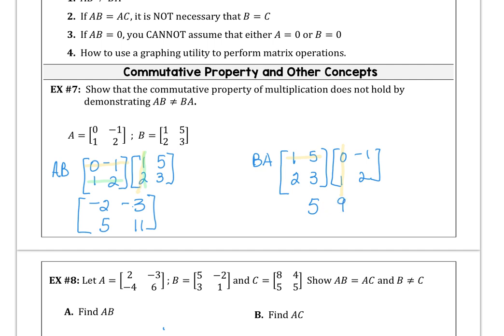Then we have row 2, column 1, 2 times 0 and 3 times 1, that gives us a 3. And then row 2, column 2, 2 times -1, that's -2, plus 6, -2 plus 6 is 4. So we have proven that AB is not the same as B times A.